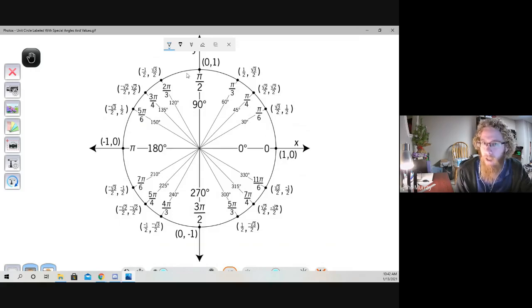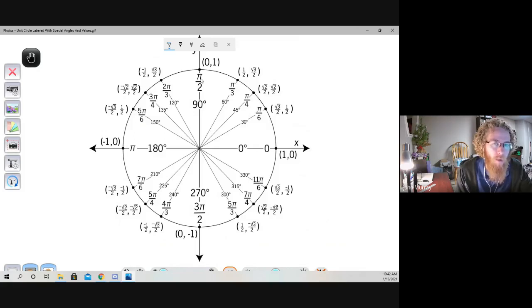Now, on the edges where the coordinate points are, you'll see that we have all of our points. Other than 0, 90, 180, 270, it also gives you the radians here.